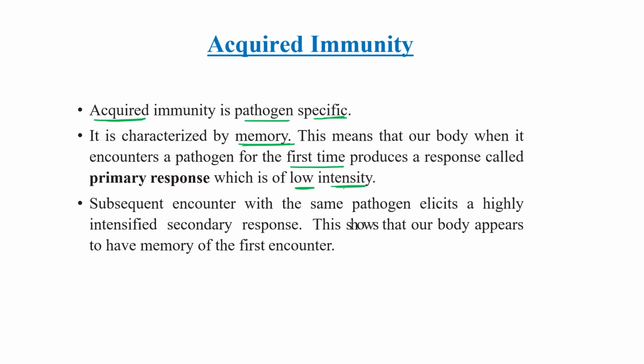It is of low intensity because we never had that kind of disease before, like COVID-19. Initially there was no vaccine, nothing, and this pathogen suddenly spread all over the world. So the initial response was very slow, of very low intensity, and that is known as the primary response.